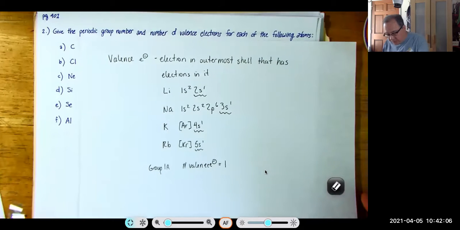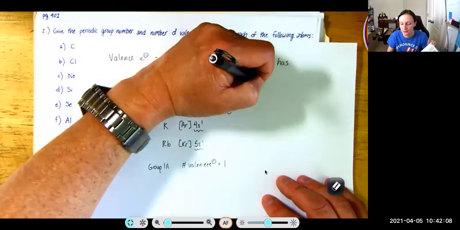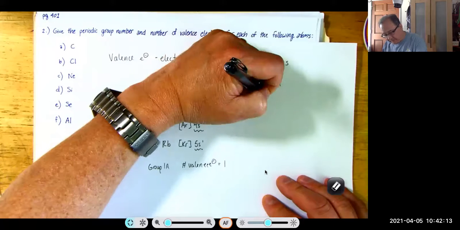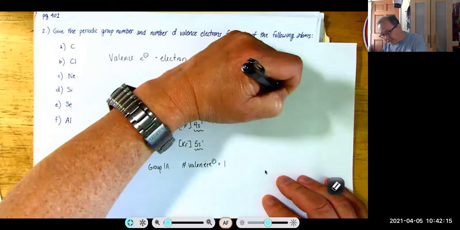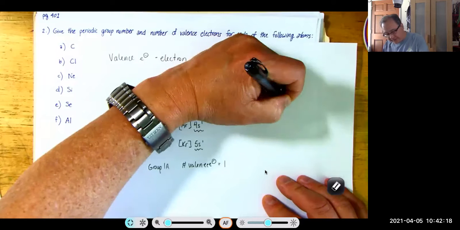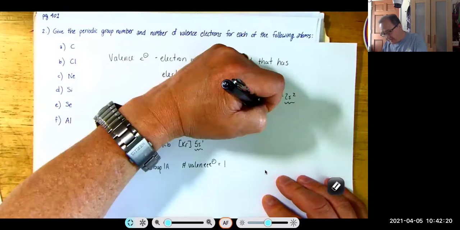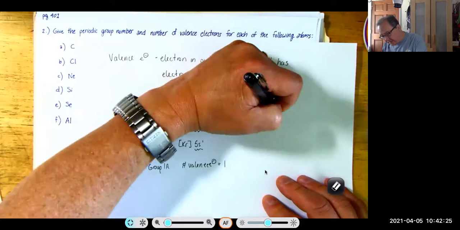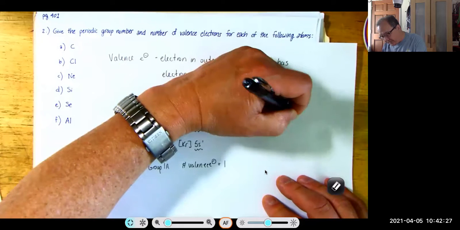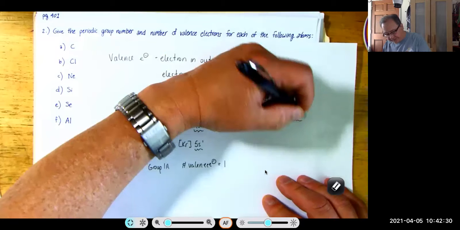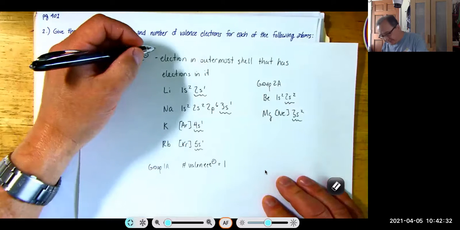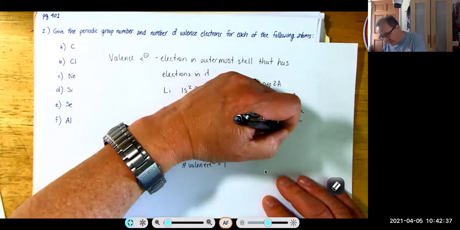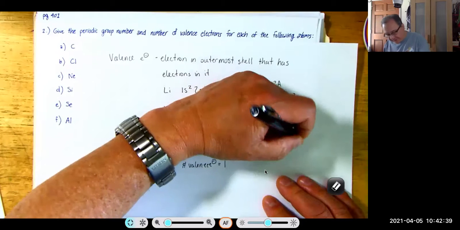And if we were to look at group 2A, and we were to look at beryllium, it'd be 1s2, 2s2, and there are 2 valence electrons. Magnesium would be neon, 3s2, and there are 2 valence electrons. Calcium would be argon, 4s2, and there are 2 valence electrons.